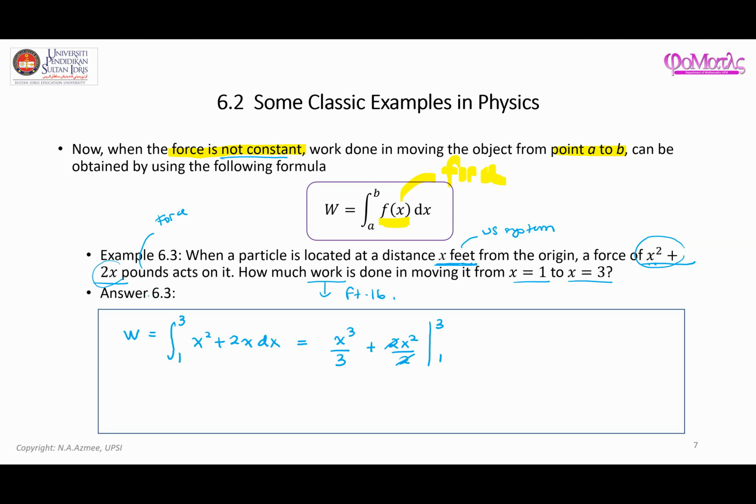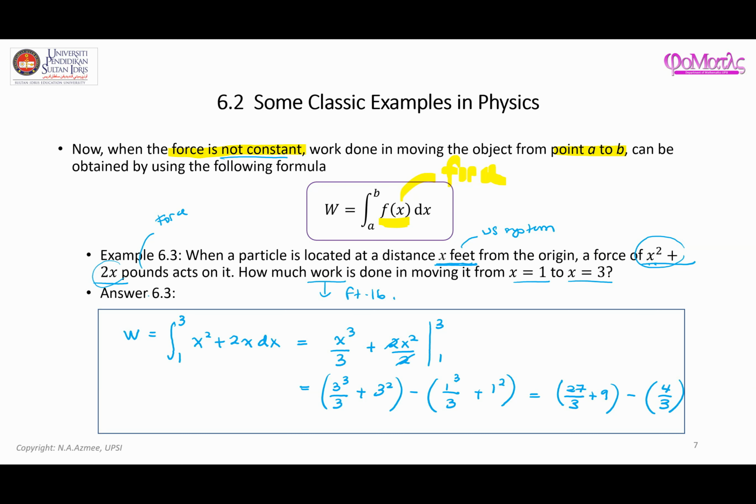The 2 over here can be cancelled out. So therefore we have 3 to the power of 3 over 3 plus 3 squared, minus 1 cubed over 3 plus 1 squared. And this is just going to be 27 over 3 plus 9, minus 1 over 3 plus 1, so that would be 4 over 3.